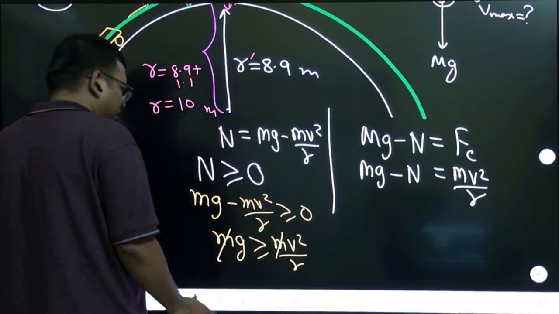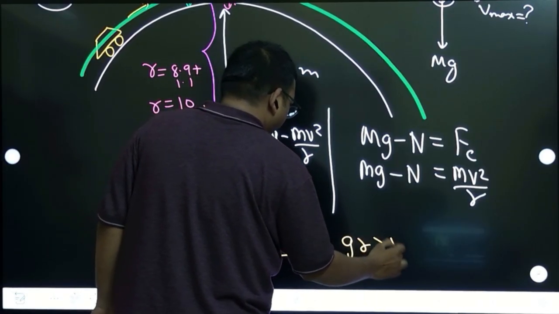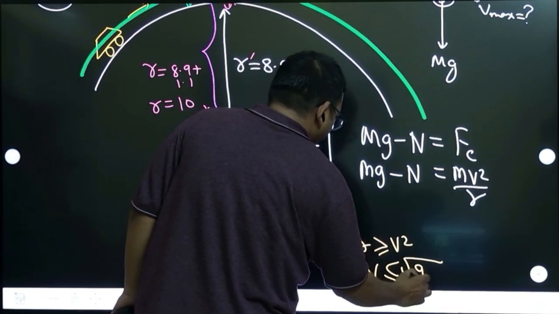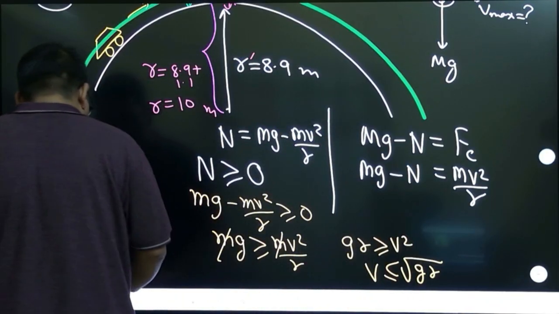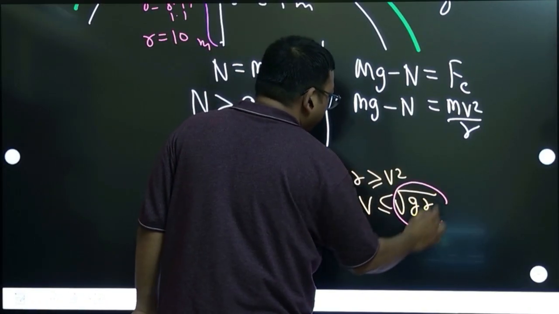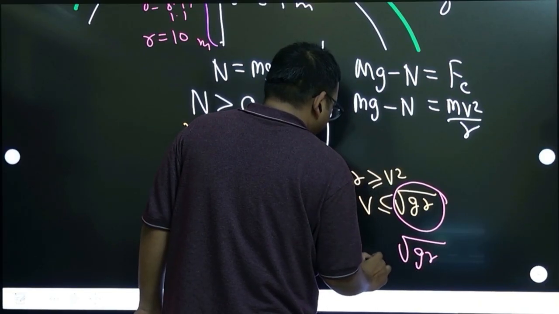Mass will get cancelled. Gr will be greater than or equal to v square. V must be less than or equal to root under Gr. So root Gr is the maximum speed with which he has to drive the car.